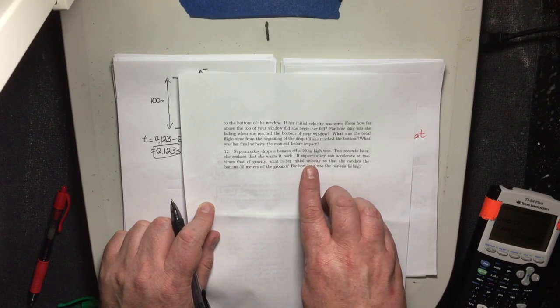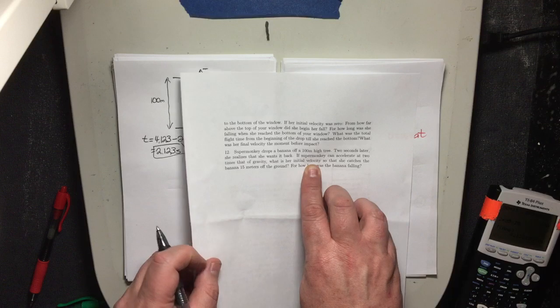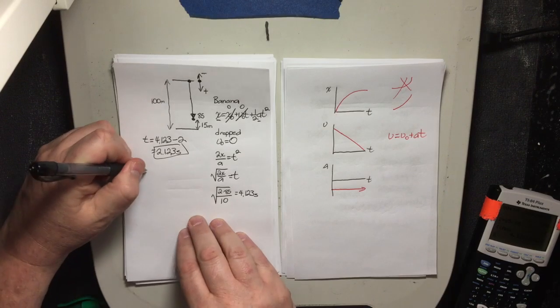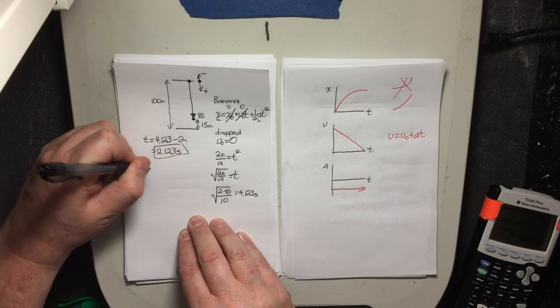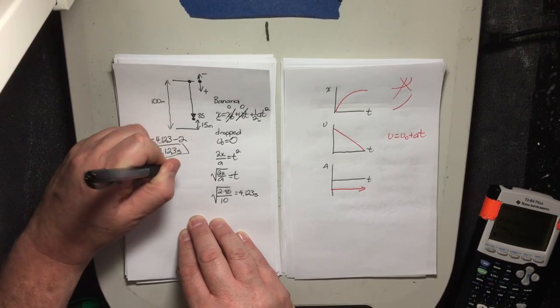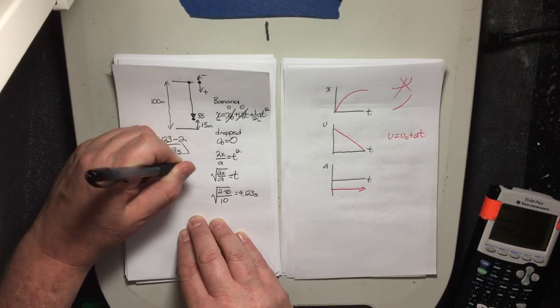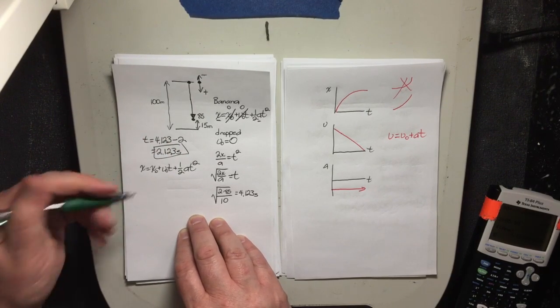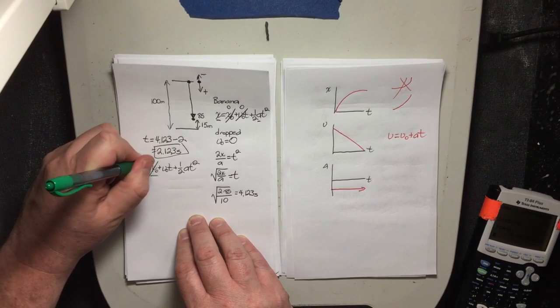So we have to find the initial velocity of the monkey. She sees the banana and just hurls herself after it. So x equals x naught plus v naught t plus 1/2 at squared. I do know the value of x naught. It's 0.